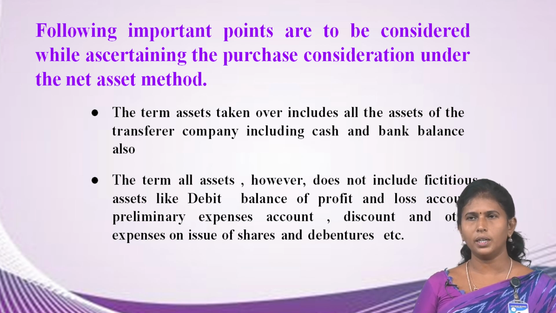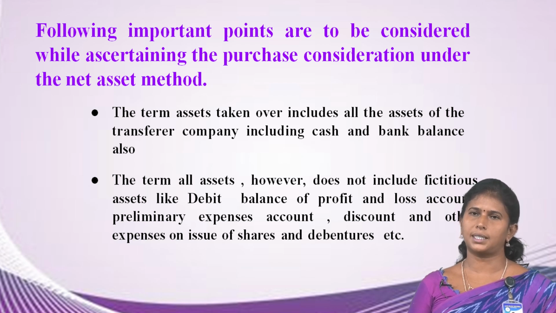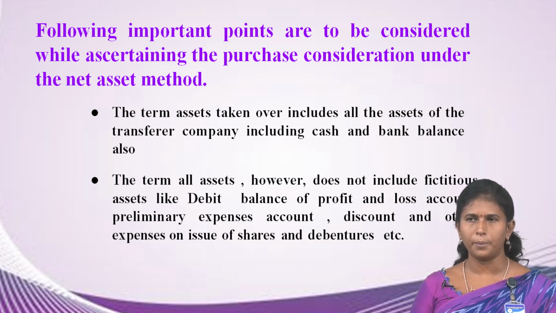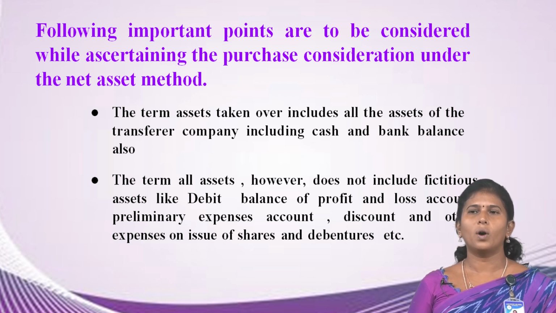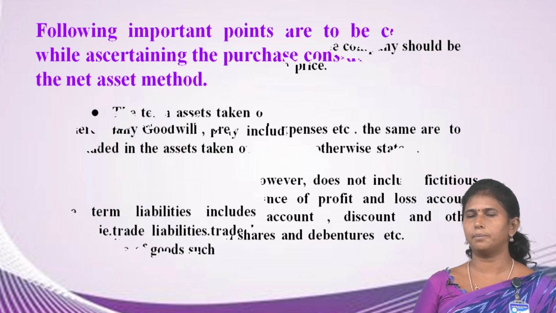So if you have these assets mentioned in any problem, you will leave them off and take only the remaining assets while calculating purchase consideration under the net asset method.